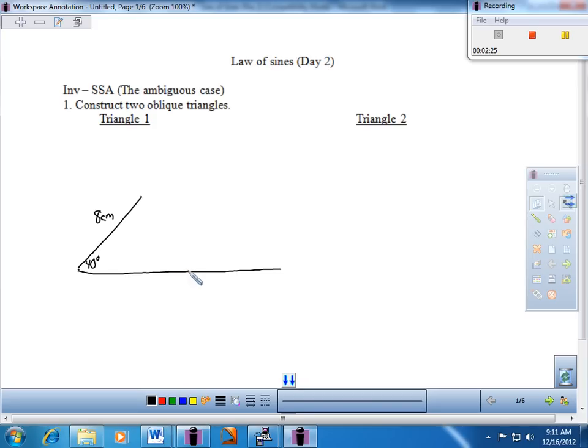You might move it outward or inward a little bit, but it's probably going to be in this vicinity. You need to construct exactly a 7 centimeter second side and have that in place.